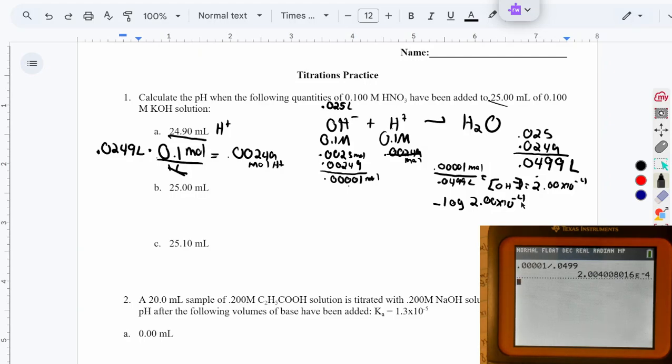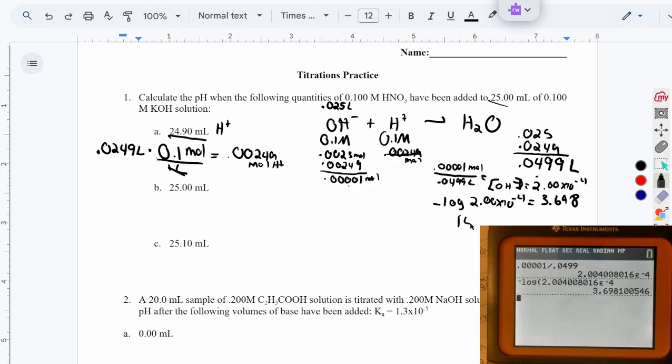I never round until the end. I'm going to take the negative log of the number that's in my calculator. And I'm going to get 3.698. And that's what I'm going to write down here. But that's my pOH.